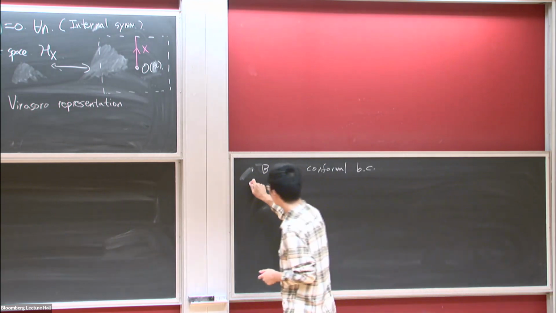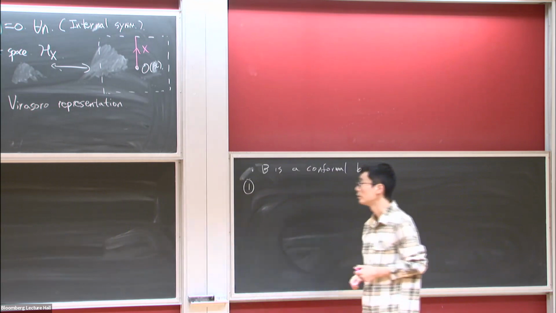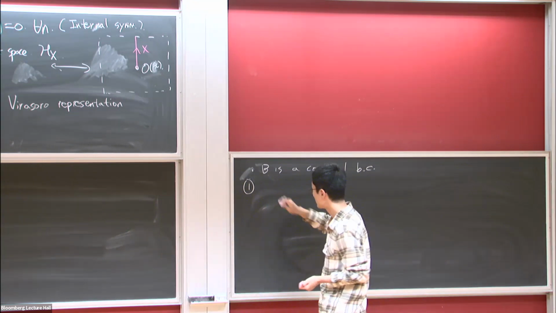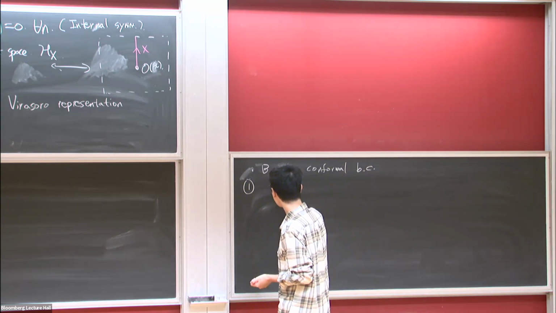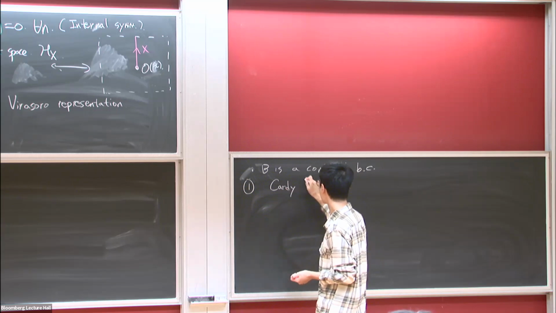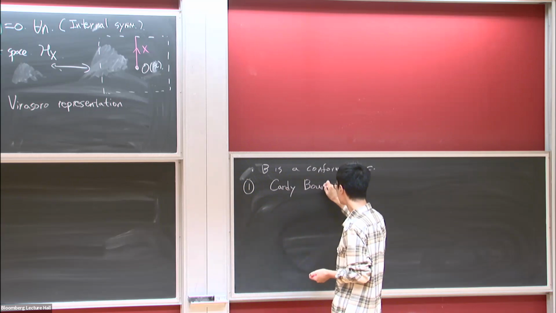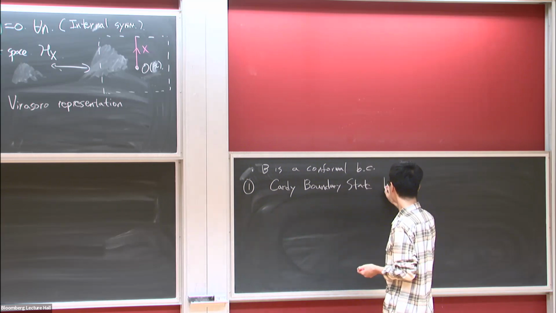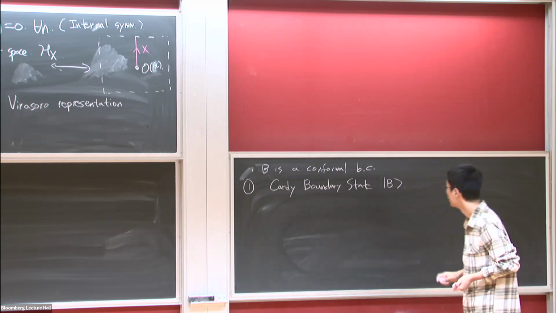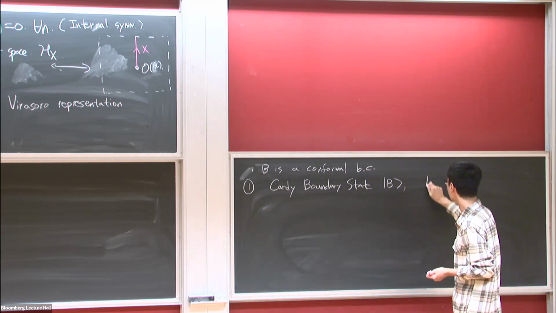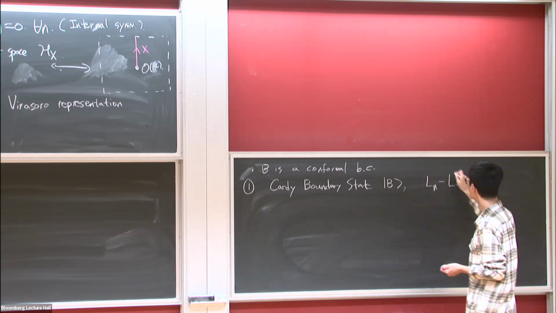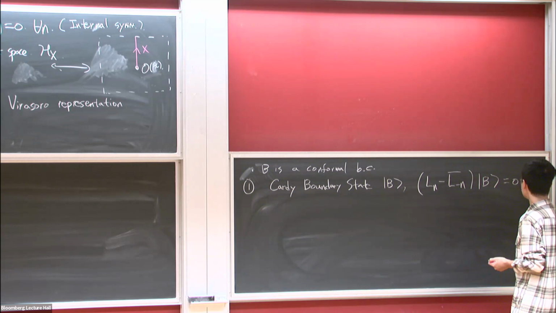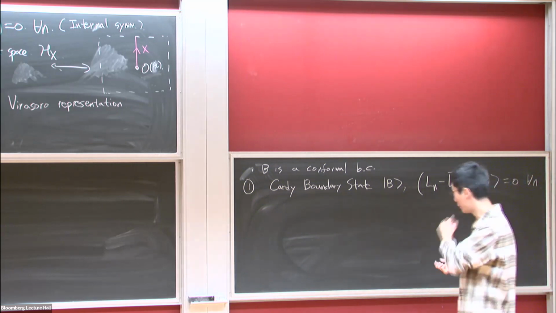And what they do is to every conformal boundary condition, they associate a so-called Ishibashi boundary state satisfying a condition, meaning that there is no momentum flow out of the boundary.